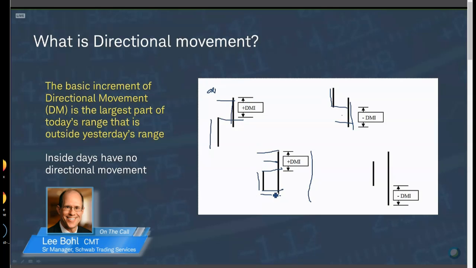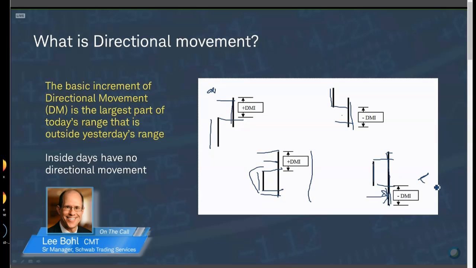This is bigger than this. So it was up. So that day is considered to have a positive directional movement increment. And then finally, on this day, we have this part outside of yesterday's range. This part is outside of yesterday's range, but we want the largest part, which was here. It was down. So this day is considered to have a negative directional movement increment.